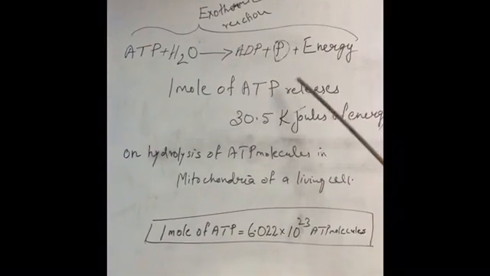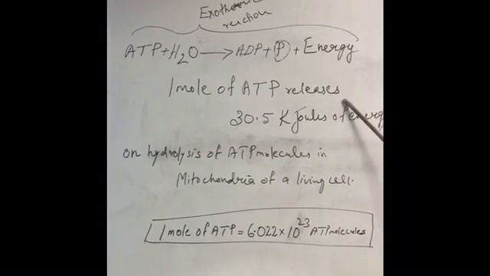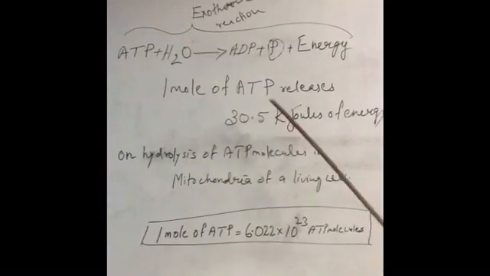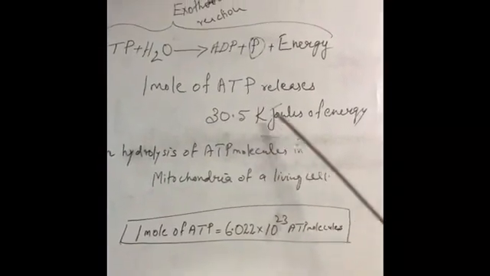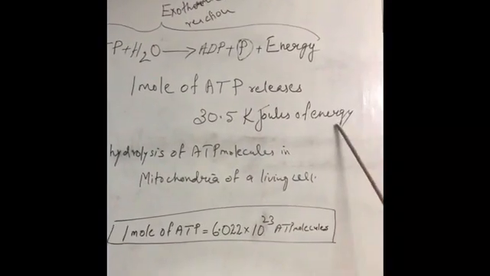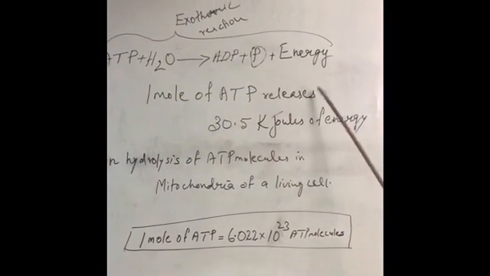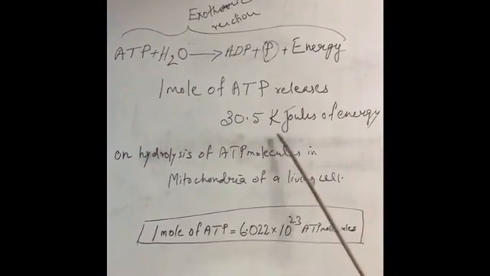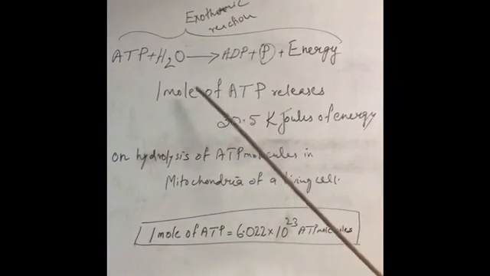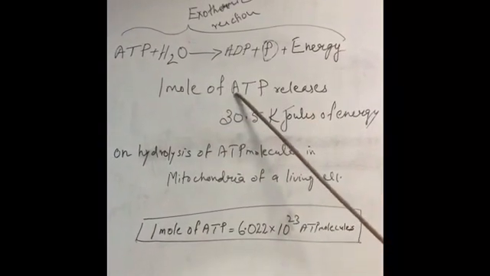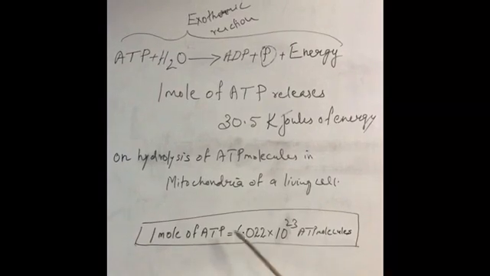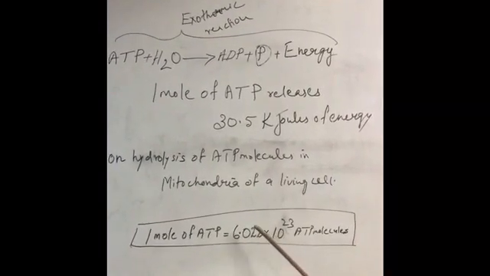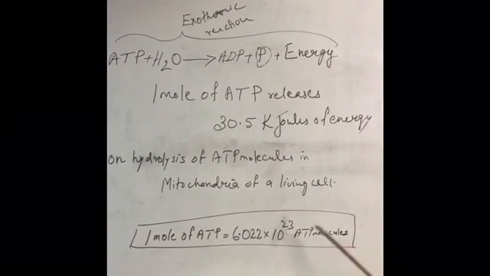1 mole of ATP releases 30.5 kilojoules of energy. Don't confuse the mole with molecule. 1 mole of ATP is equal to 6.022 multiplied by 10 to the power 23 ATP molecules.